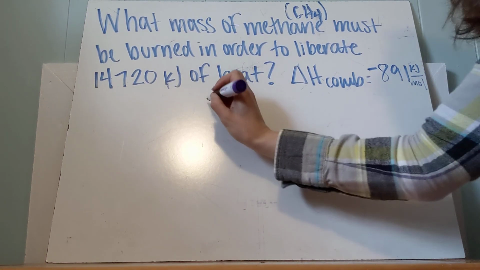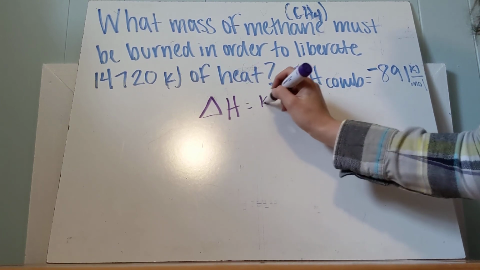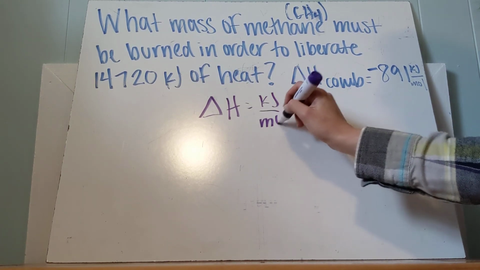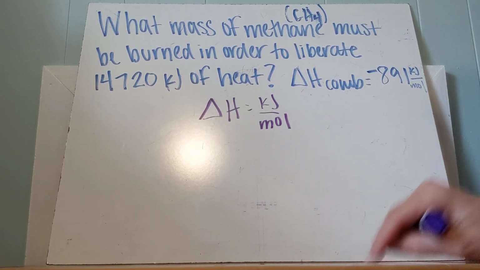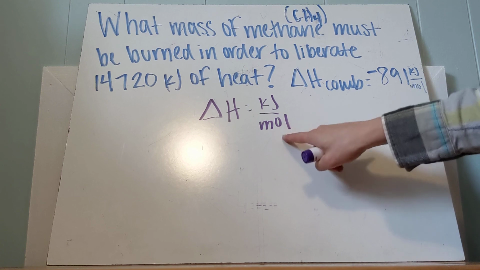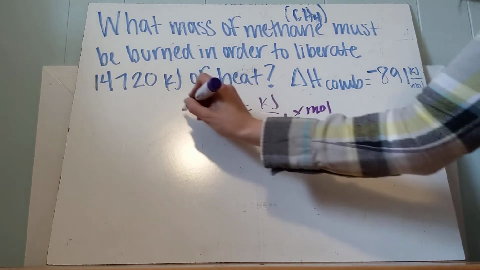So that's what I'm going to do. I'm going to set up my problem. Delta H equals kilojoules per mole. And then I'm going to solve for moles. In order to solve for moles, I can't have moles on the bottom. So I have to multiply both sides by moles.